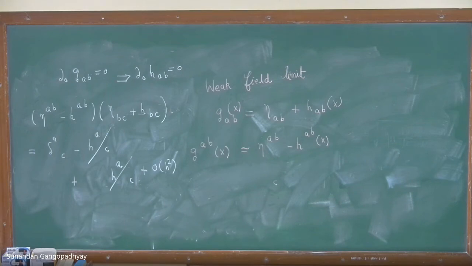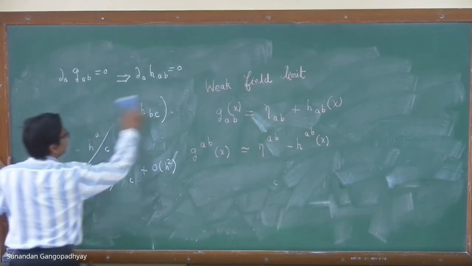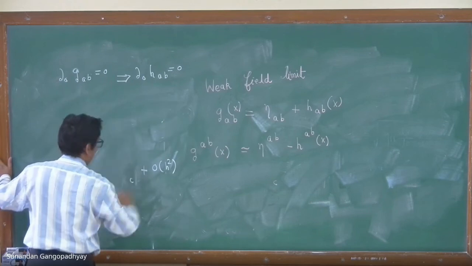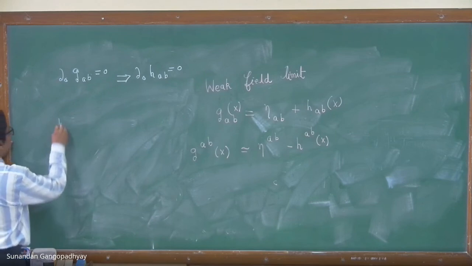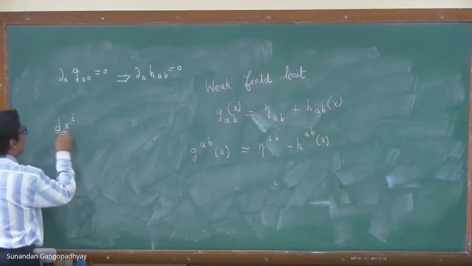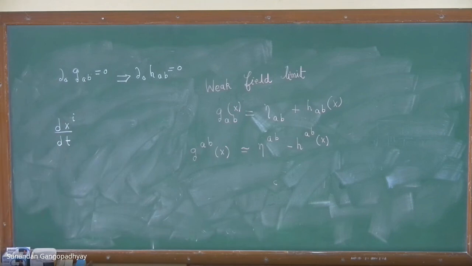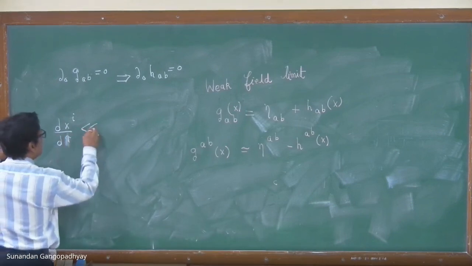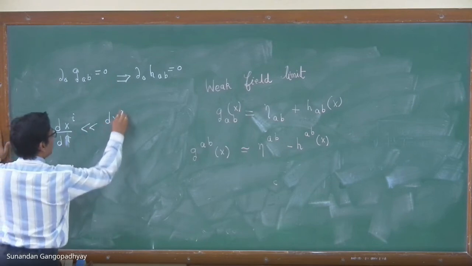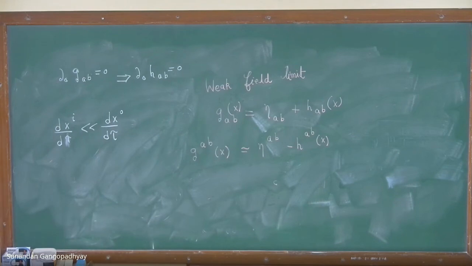And we shall take the non-relativistic limit. The non-relativistic limit tells you that dx^i/dt, dx^i/d tau is much less than dx^0/d tau. This is the non-relativistic limit.